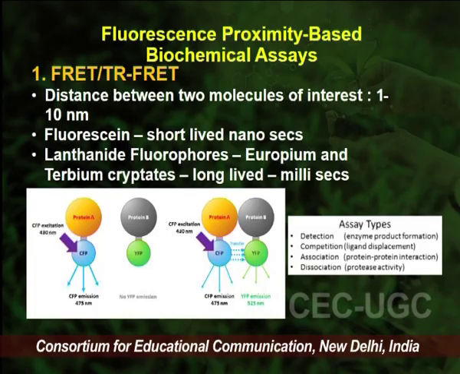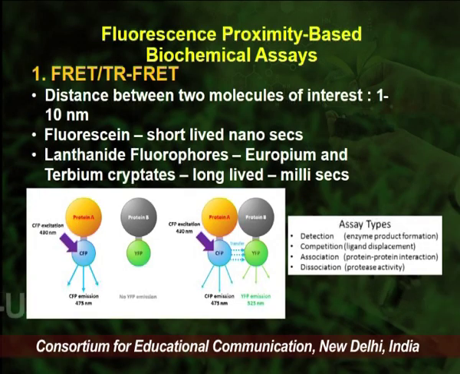So, on one molecule, say a drug molecule, we attach a fluorescein molecule which emits very short lived fluorescence, and this fluorescein molecule acts as the acceptor molecule. On the other protein we bind a donor molecule.